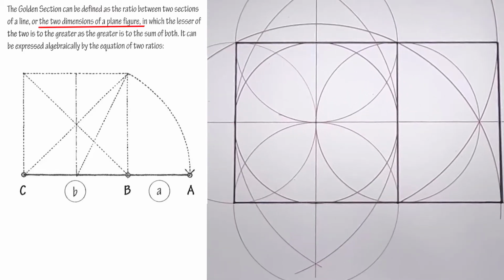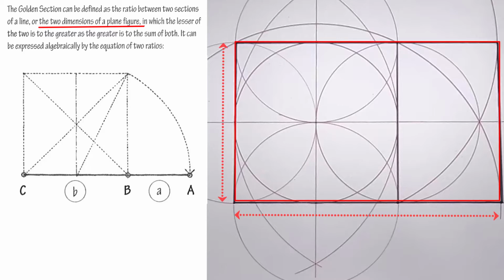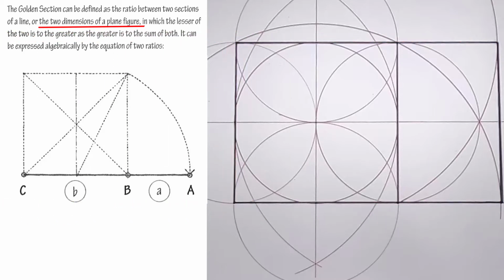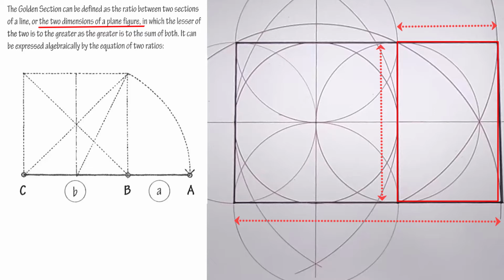The height and width of this diagram would show the two dimensions of a plane figure. However, to better describe the golden ratio, we would use this one here, as we would say the two dimensions of the width and height of the smaller rectangle equals the length of the larger rectangle.